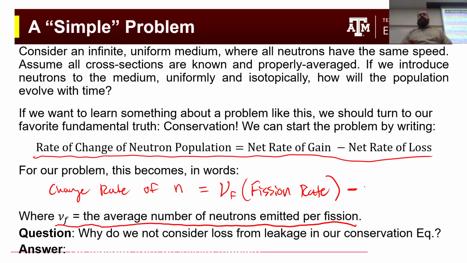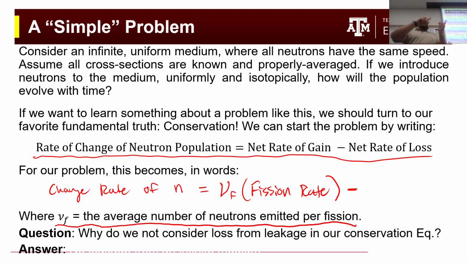If I can fission to produce neutrons, how could I lose neutrons in this infinite medium setting? If it's all uranium-235, if a neutron interacts with uranium-235, does it fission every time? There's absorption, right?